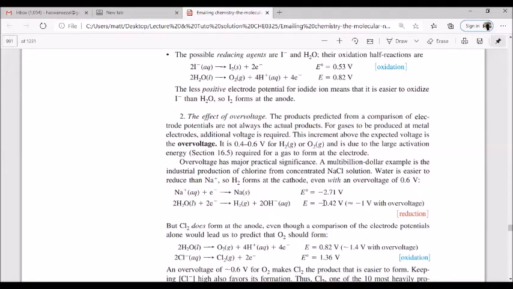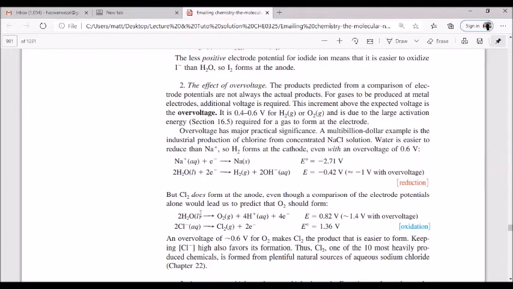However, even with overvoltage, for hydrogen to form in this industrial production it needs an extra 0.6 volt. So in total you add negative 0.6 volt, giving around negative 1 volt. Since the value is still far from sodium's, the less negative is chosen, so hydrogen is still produced.